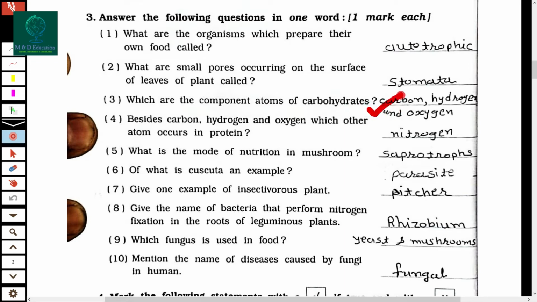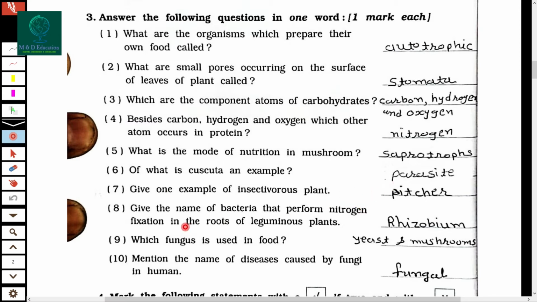So carbon, hydrogen and oxygen. Besides carbon, hydrogen and oxygen, which other atom occurs in protein? So it's nitrogen. Now the fifth one is, what is the mode of nutrition in mushroom? It's saprotrophic. Okay. Of what is Cuscuta an example? It's a parasite. Give one example of an insectivorous plant. It's pitcher plant.